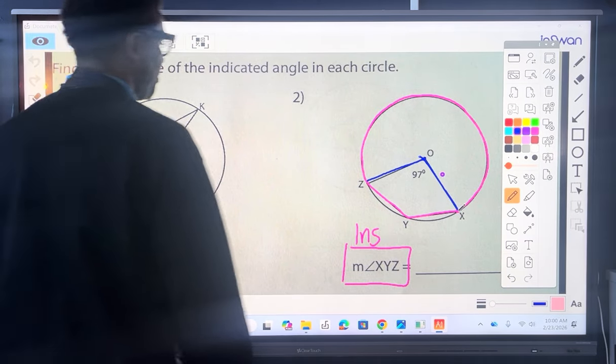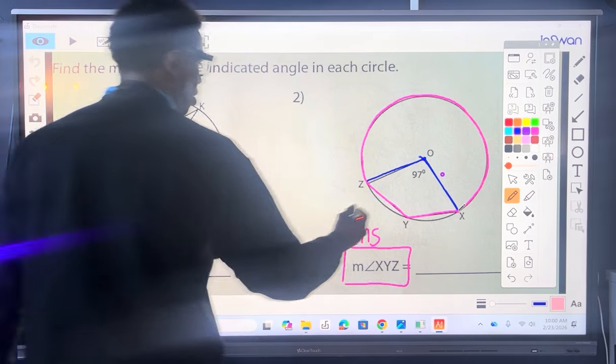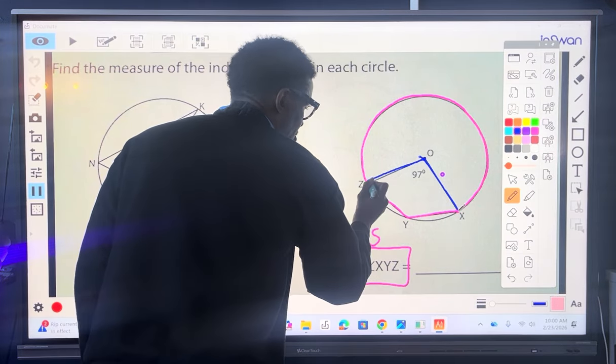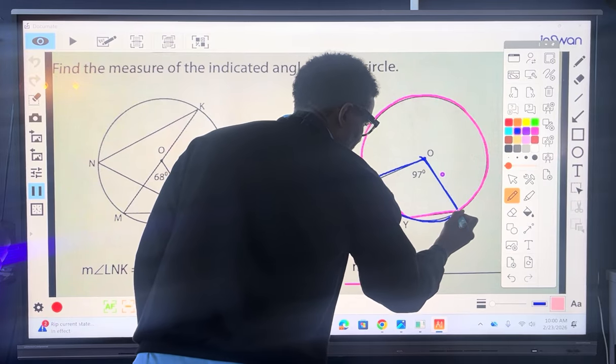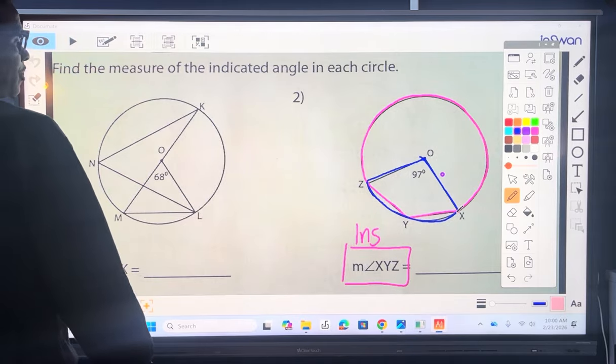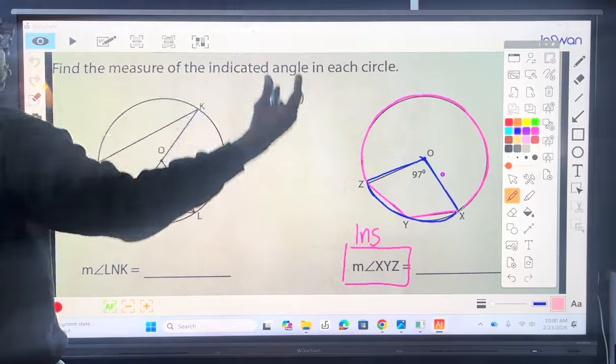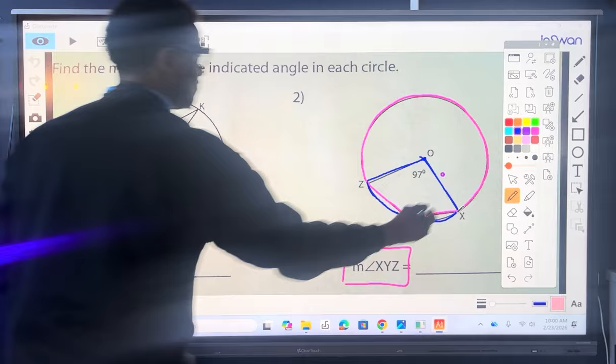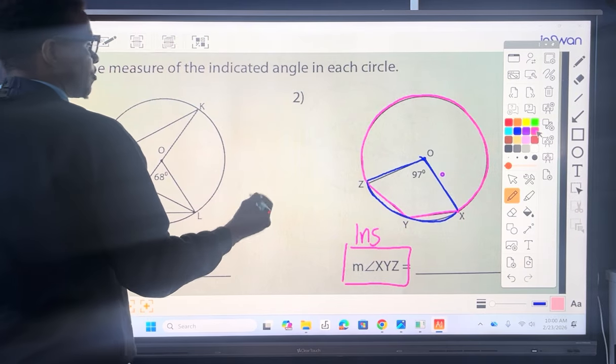The central angle covers all of this of the circle. What do we know about a circle's total? 360.